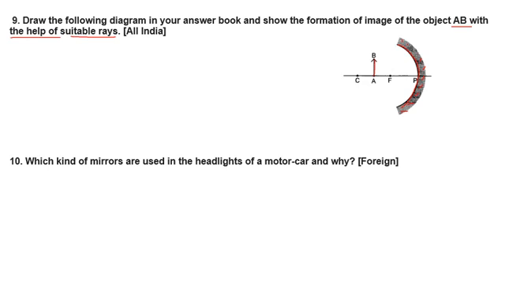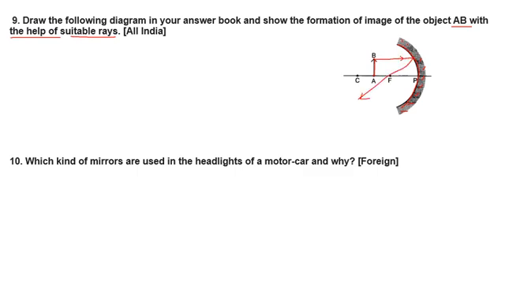Now we have to follow the rules of the ray diagram. The first rule is when a ray is parallel to the principal axis, after reflection it passes through the focus.